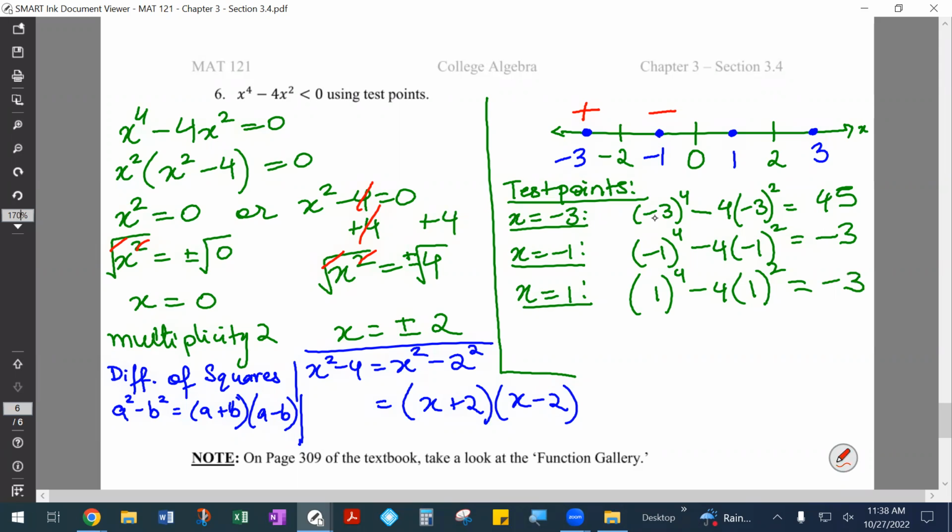So that tells me the third interval is also negative. And of course, our last test point was x equals +3. So 3 to the 4th power minus 4 times 3 to the 2nd power.